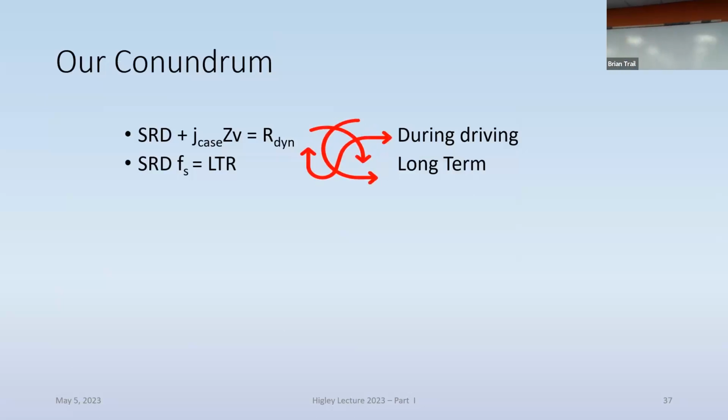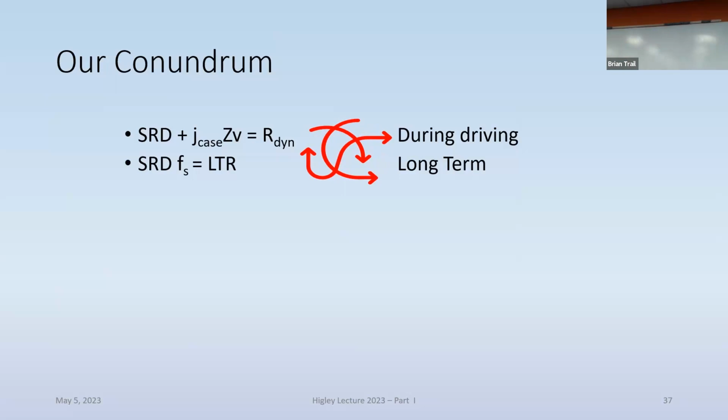You know, the SRD, the end of driving resistance, plus a damping value times velocity is a higher dynamic resistance. So during driving, you actually have a total resistance which is higher than the static one.